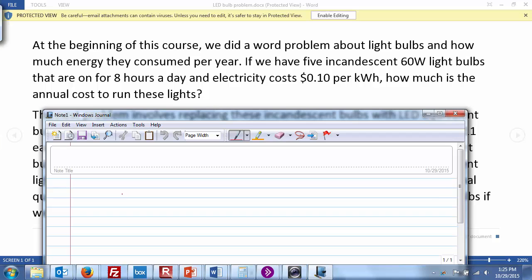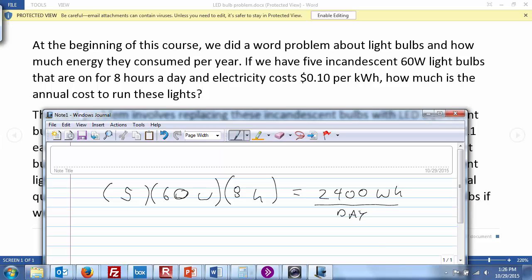So I just did 5 bulbs times 60 watts times 8 hours, and then, excuse me, 2,400 watt hours per day. And then I just did the conversion to kilowatts so I can get my price.